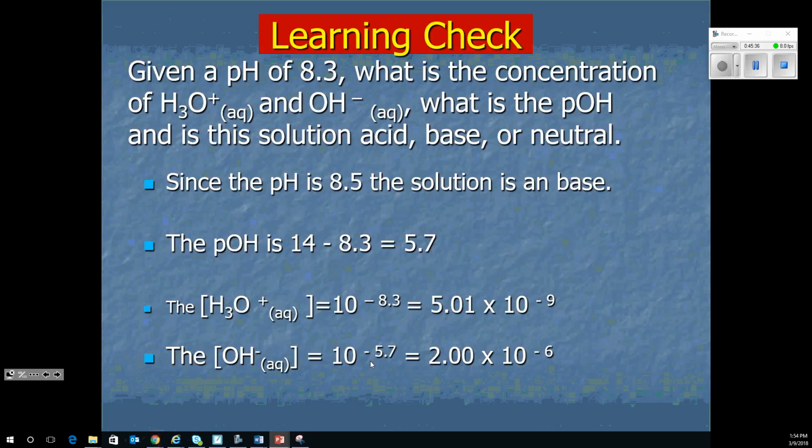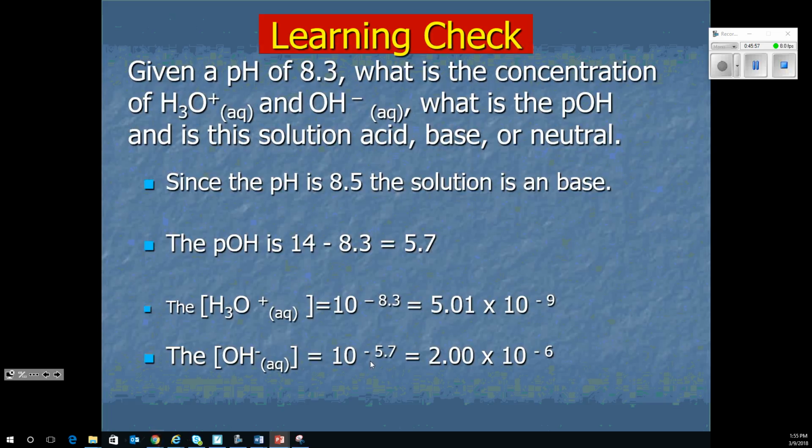Okay, so you just go 10, and then your button is here, and then you just go minus 5.7, and then enter, which is 2. If I do that, it gives me a whole different answer than everyone else.